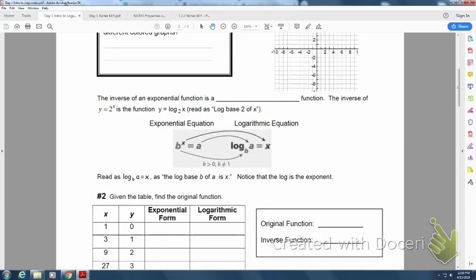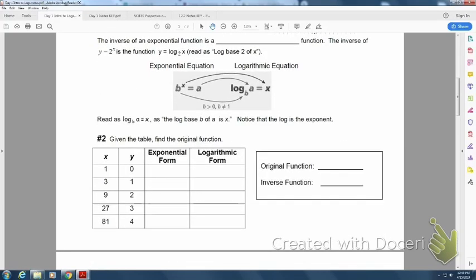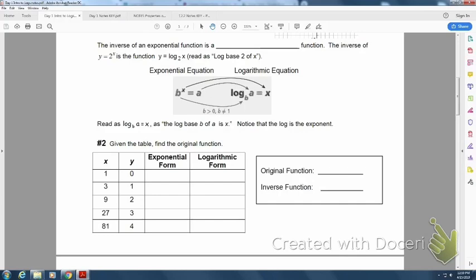The inverse of an exponential function is logarithmic. I'll write this not in cursive so you can spell it correctly, even though I'm sure it's all over your notes typed up somewhere. The inverse of y equals 2 to the power of x is the function y equals log base 2 of x.